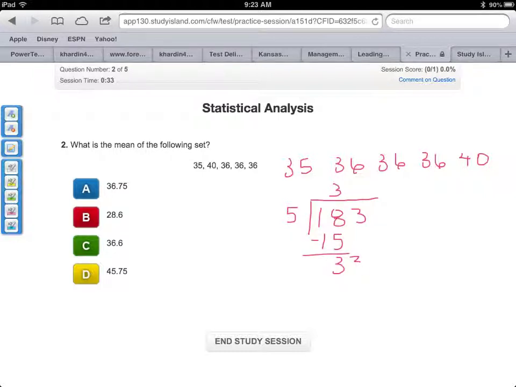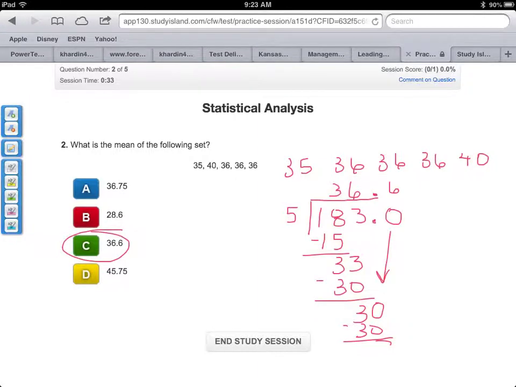Subtract, bring down. 5 goes into 33 6 times. And since we have a remainder, we would then find our decimal and add another 0. Don't forget the decimal on the roof. Bring that 0 down. 5 goes into 30 6 times. So our answer in this case would be 36 and 6/10.